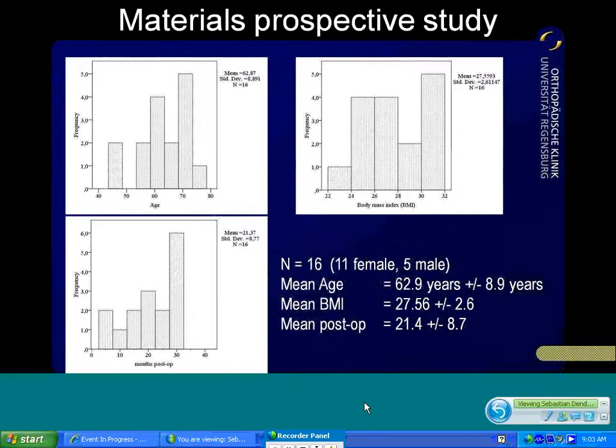And on the lower left-hand side, you can see the distribution of the months post-OP when the gait analysis was actually conducted. So, the mean age was 62.9 years, the mean BMI was 27.56, and the mean time post-OP is 21.4 months. The post-OP time means the time when the gait analysis was conducted after the operation.